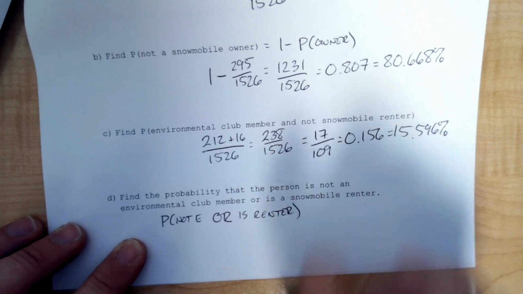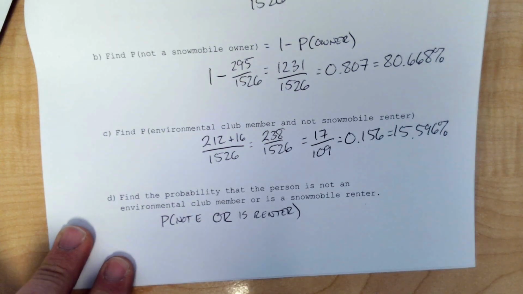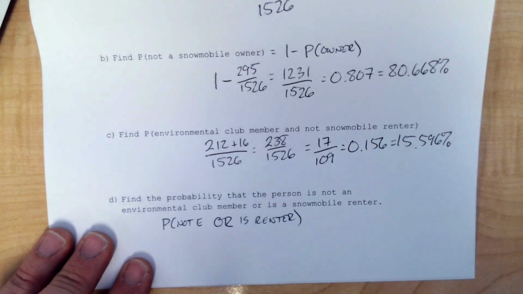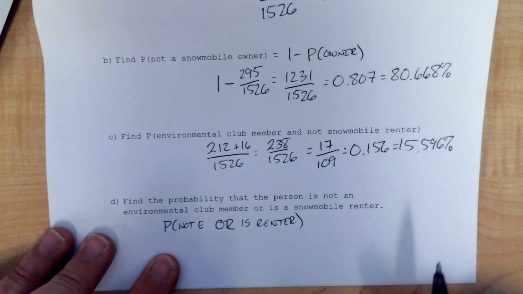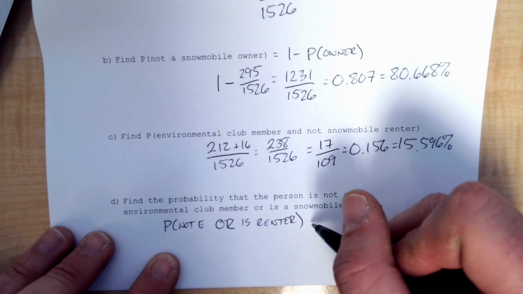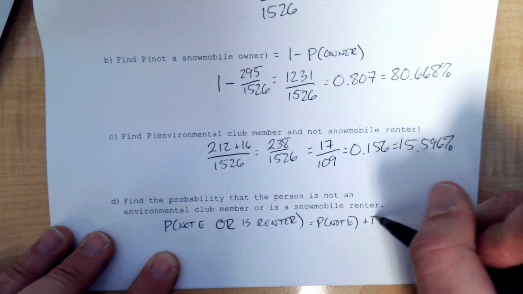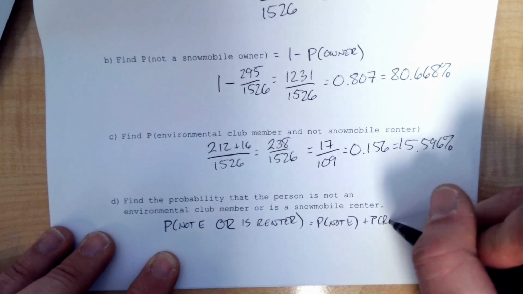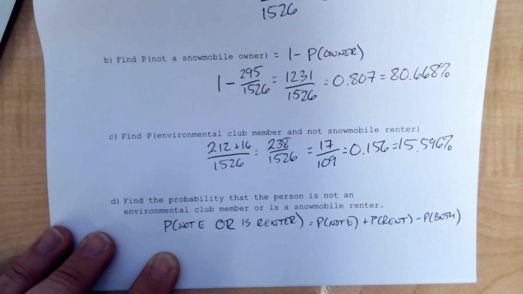So finally, find the probability that the person is not an environmental club member or is a snowmobile renter. So again, we have a few different ways of looking at that. We could find the probability of both and then subtract the people who are in the environmental, who are not in the environmental club but have rented. We'll subtract both.